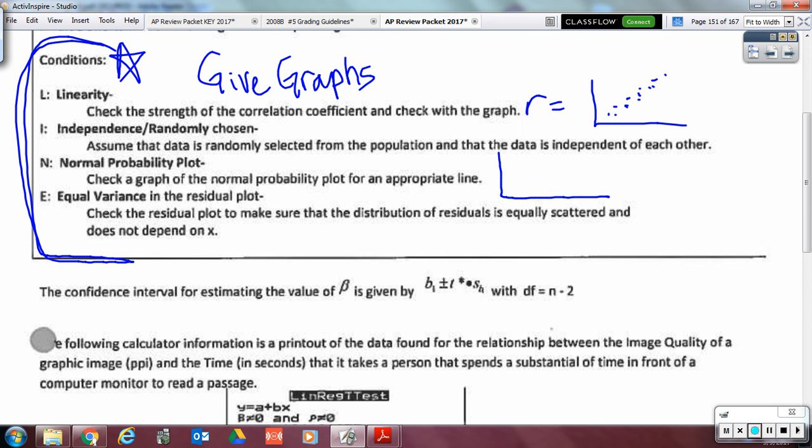This graph will look one of two ways. You are saying that the residuals are fairly normally distributed. That's what you are saying for the N part of our conditions.